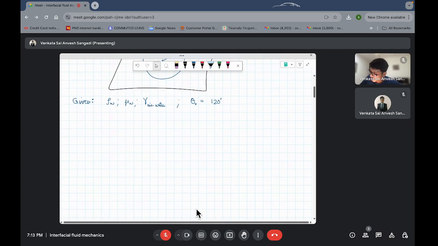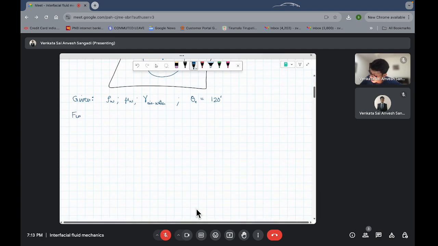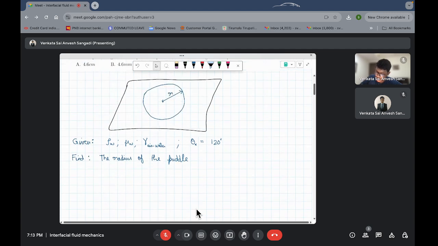So the question asks, find the radius of the puddle. So let's say the radius is capital R.